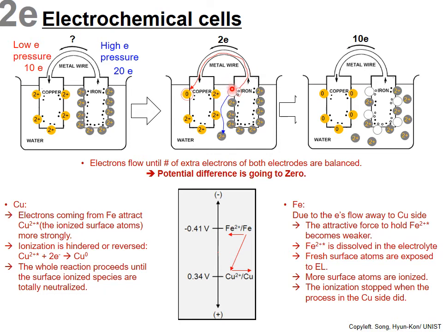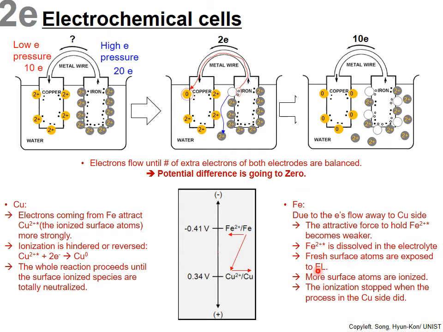So this Fe2 plus is going away from the surface into the electrolyte. Of course, the next one, the other one. 5 Fe2 plus is going away from the surface and finally dissolved in the electrolyte. Of course, these 5 Fe2 plus ions also indicate 10 electron flows.